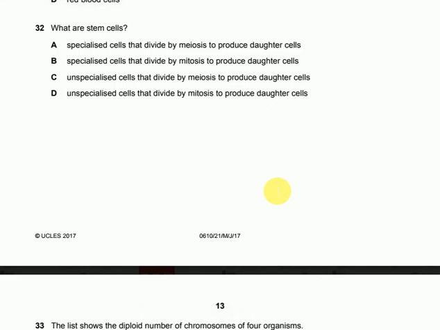Stem cells are actually used. Take the example of skin cells. Whenever you get a cut, your wound will be sealed in 2 to 3 days, 3 days max. This is due to those stem cells.